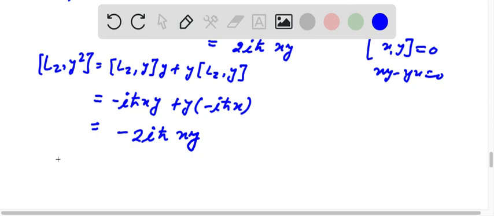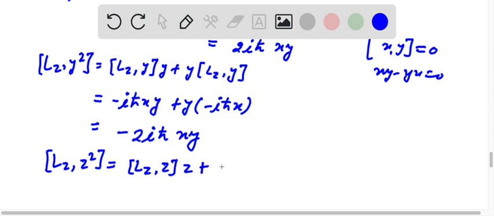Similarly, Lz with z square is equal to Lz z z plus z Lz z, and this is 0.